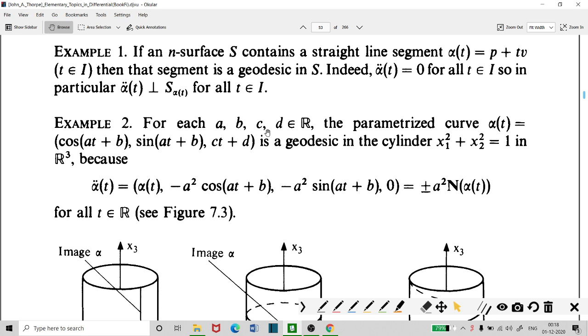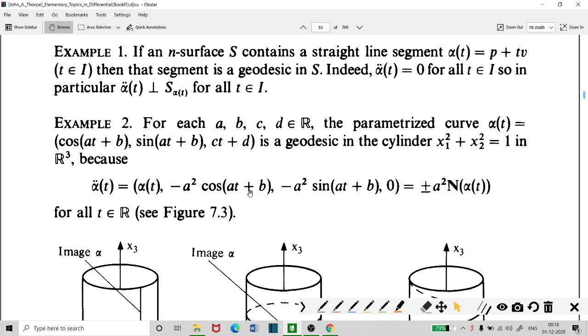For each a, b, c, d belonging to R, the parameterized curve alpha of t defined in this manner is a geodesic in the cylinder x1 squared plus x2 squared equals 1 in R3, because the acceleration vector is this one. You can easily prove that this is in the direction of the normal n of alpha of t, which is perpendicular to the tangent space. So this is also a geodesic.